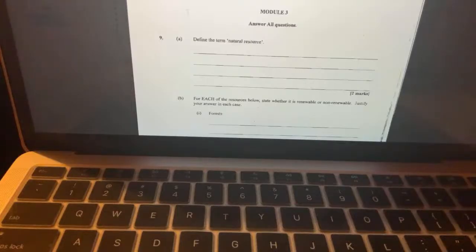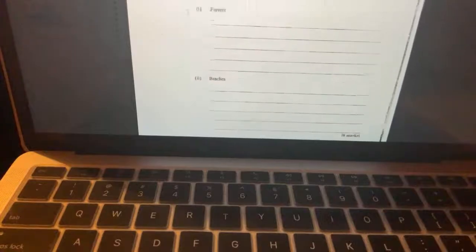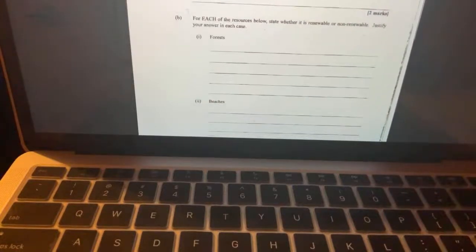Natural resource. What is the definition? And in the meanwhile, we are going to say which of these two, forest or beaches, which one of them is renewable or non-renewable.